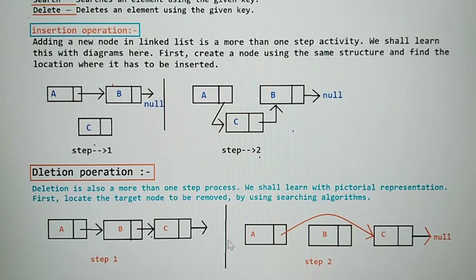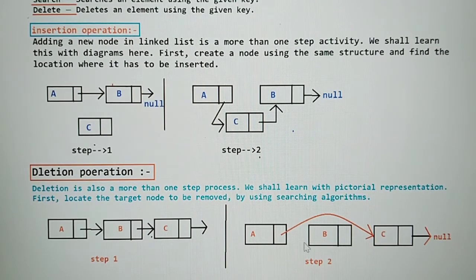And then what is the deletion operation? In step 2 I show you the deletion operation. In the deletion operation you can see that B is the intermediate or middle element of this list. So I want to delete the middle element.